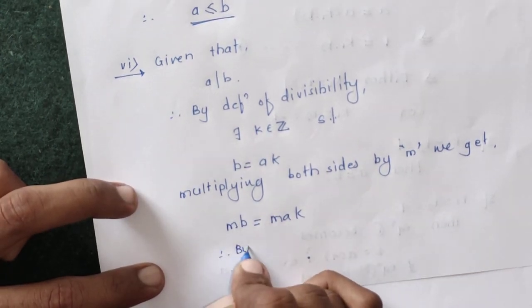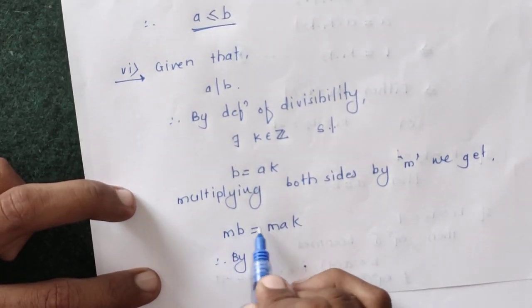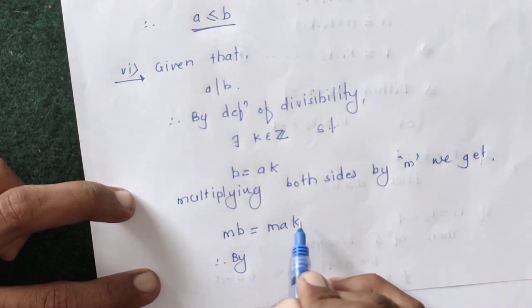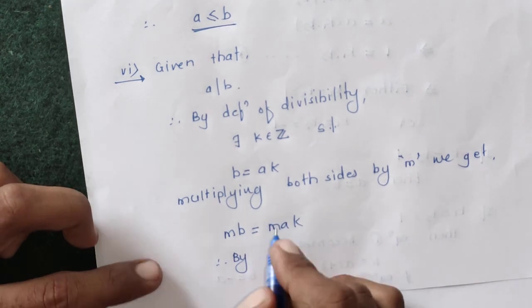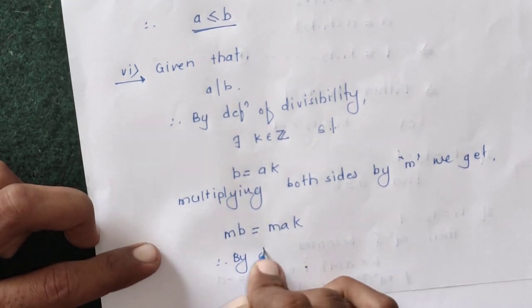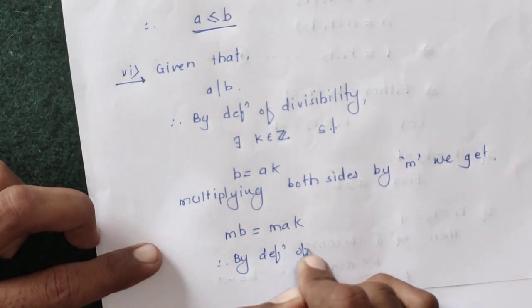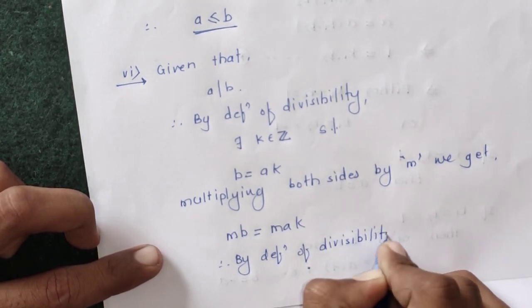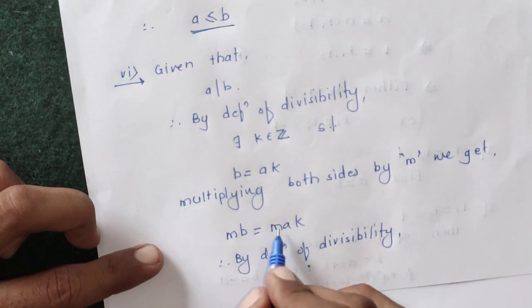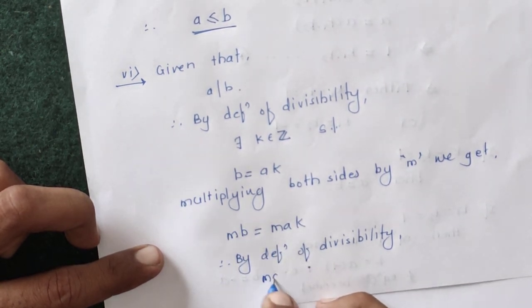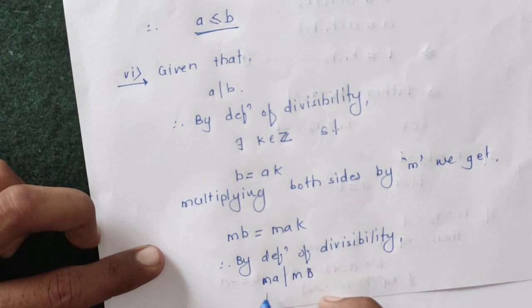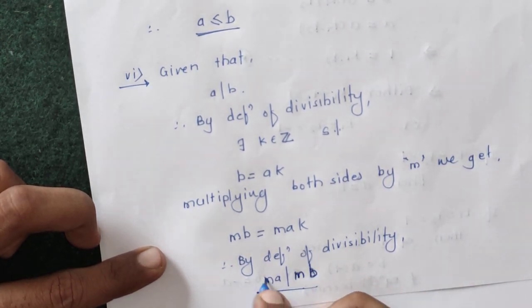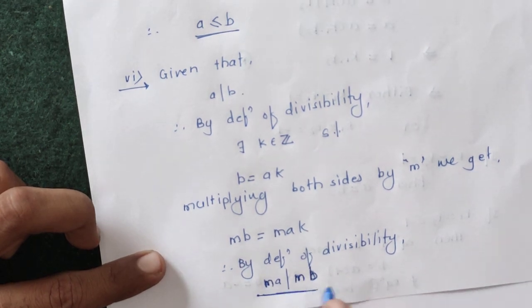So by definition of divisibility, MB is written as a multiple of MA, that is MA into some k is equals to MB. So using the definition of divisibility, we write MA divides MB. This is the proof of our sixth statement.